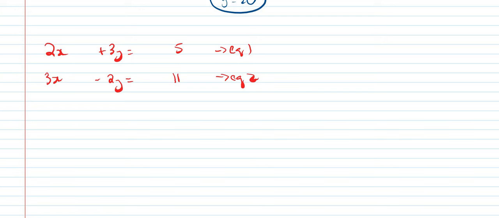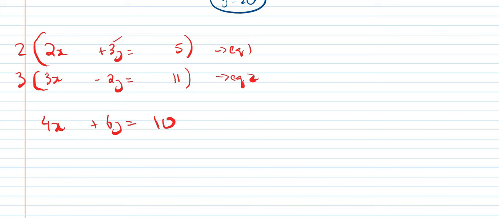In order to eliminate it, we will multiply the first equation with 2. Why? Because the coefficient of y is 2y. And the second equation we will multiply with 3, because the upper equation has 3y. The reason we are doing this is so that both y's become the same. So 2 multiplied by 2x is 4x. 2 multiplied by 3y is plus 6y is equal to 2 multiplied by 5, which is 10.